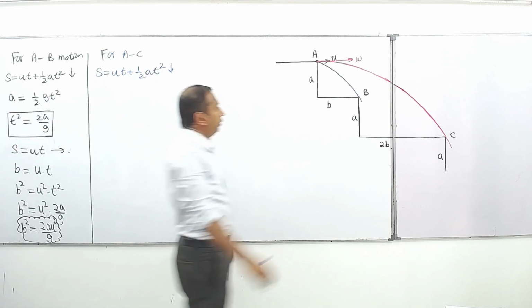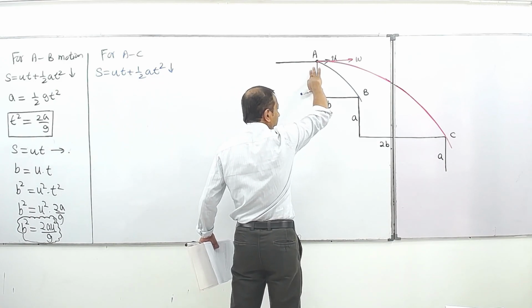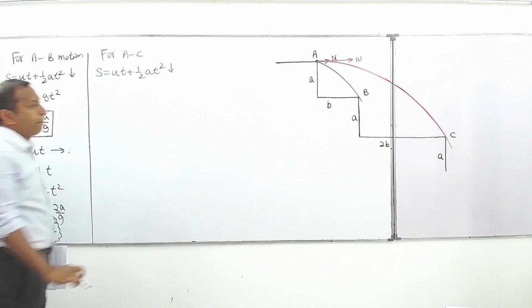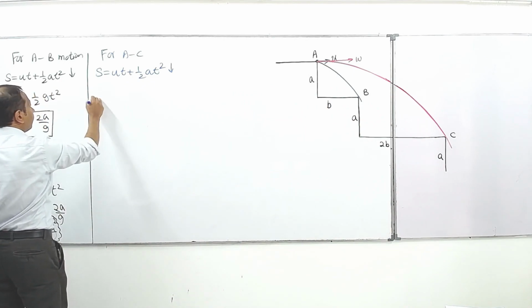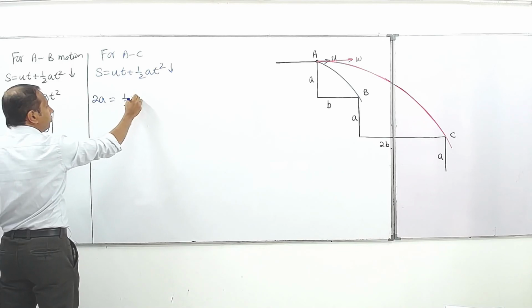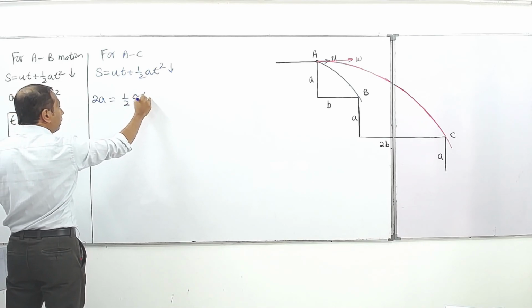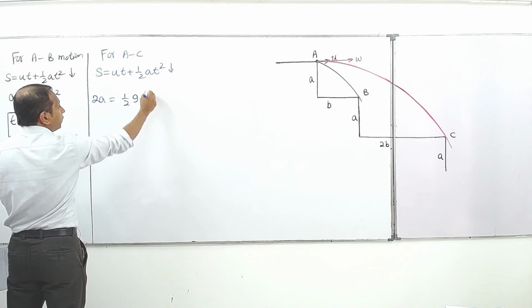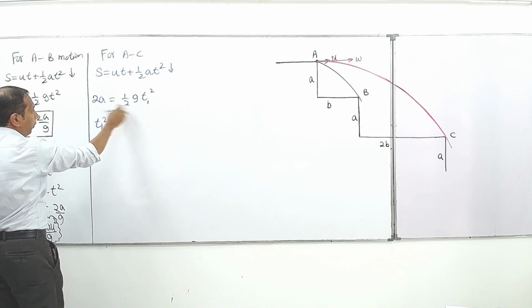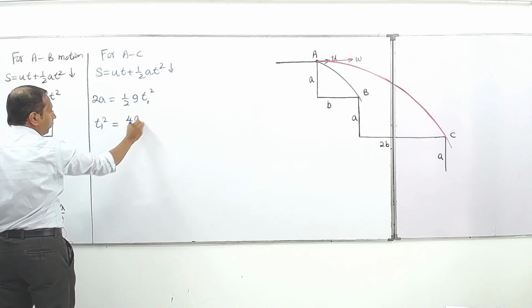So what is the height? This is a, this is a, so it's 2a. u is 0, half g t1 squared. Then you can make this t1 squared equal to 4a over g.